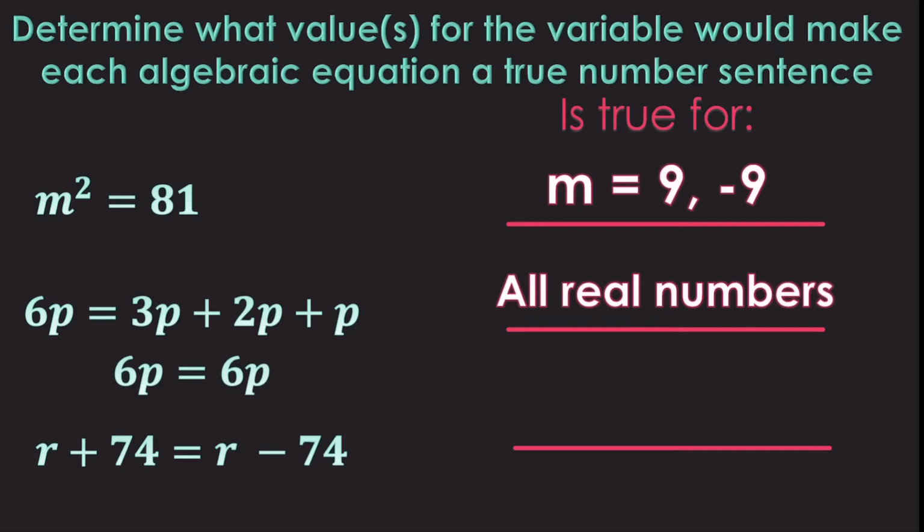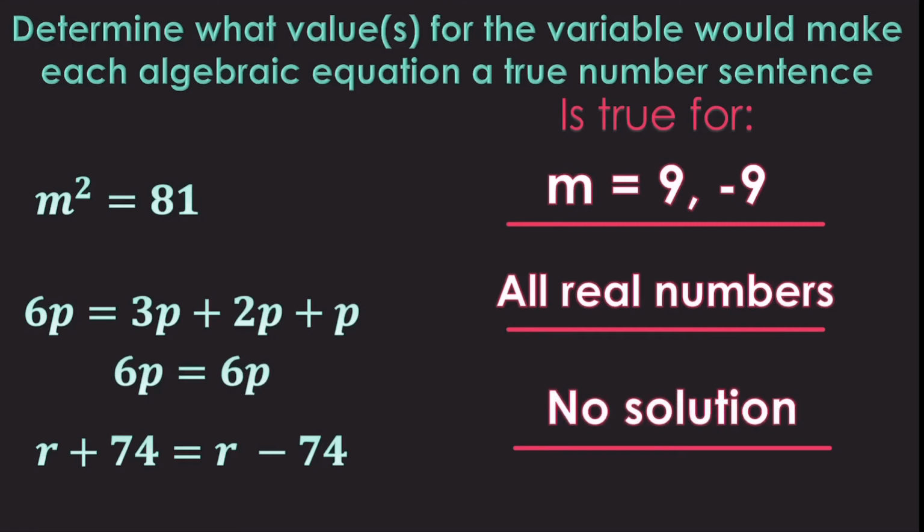So let's try this last one. I want to see if you guys understand it. Are you sitting there saying, is she nuts? Because what number in the world can I add 74 to and subtract 74 from, and they equal each other? You should be sitting there saying, it's no solution.